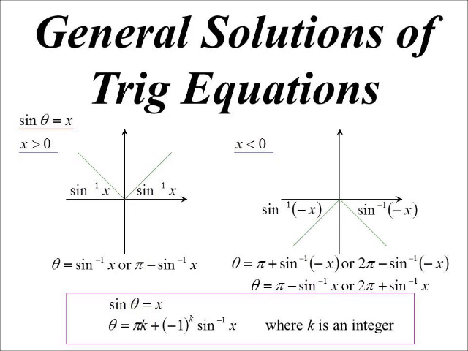You'll notice it starts off inverse sine x, but then it's pi minus inverse sine x, but then it's 2 pi plus inverse sine x. The next one would be 3 pi minus inverse sine x, because we would add 2 pi to that solution. So the signs alternate. That's why we need that minus 1 to the power of k in there, so we know whether we're adding or subtracting the inverse sine of x. So that's a way of generalising a sine equation.